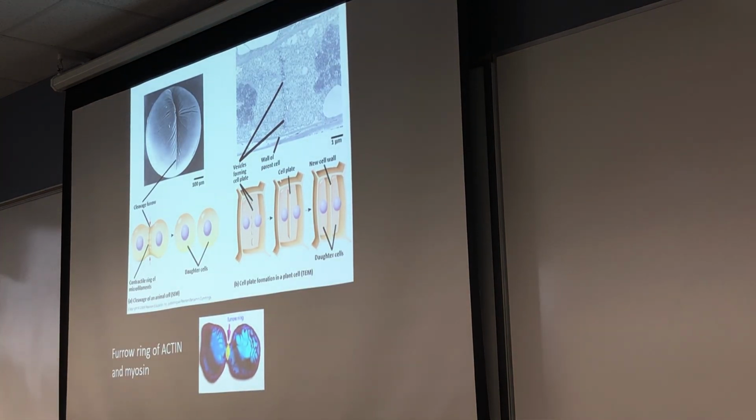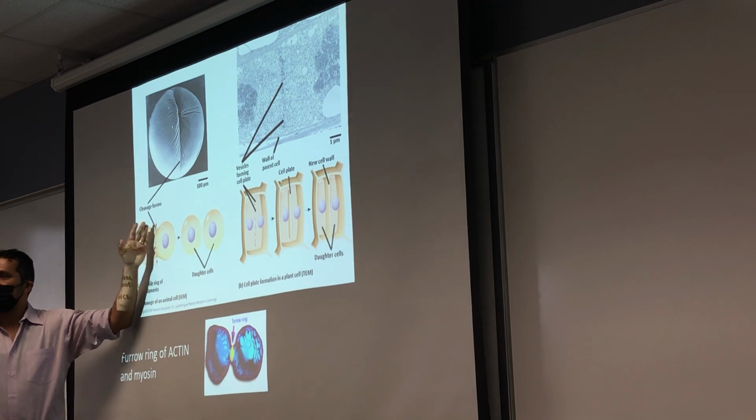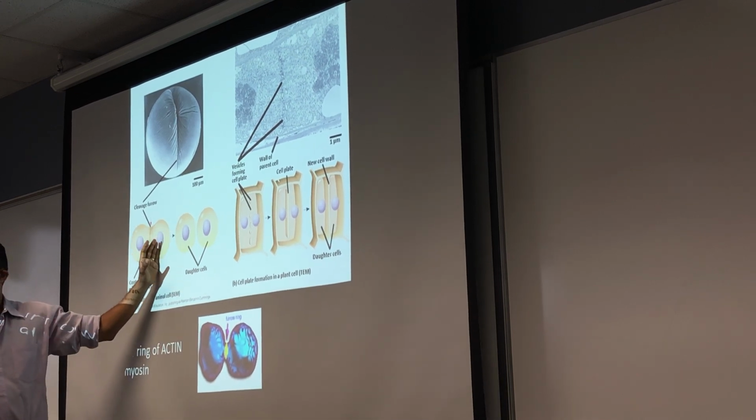So here you have the cleavage furrow, contractile ring, microfilaments, creating these two daughter cells right there. Cytokinesis, separation of cytoplasm. In plant cells, you have the new cell plate using vesicles from the Golgi apparatus, which sends these vesicles in order to form this new cell plate that is going to become the new cell wall. So in animal cells, microfilaments, cleavage furrow, contractile ring, cytokinesis, division of cytoplasm.